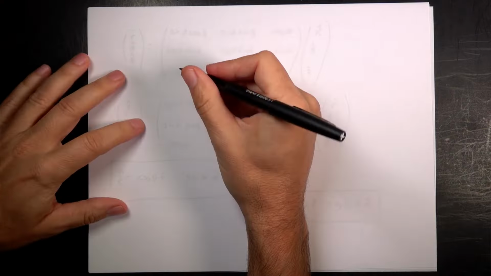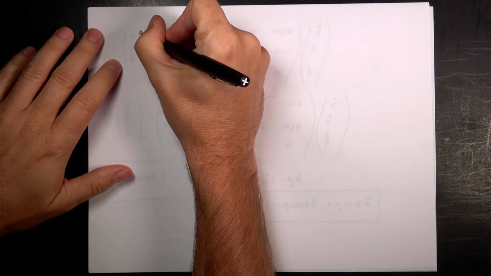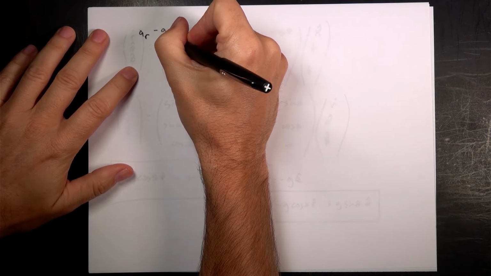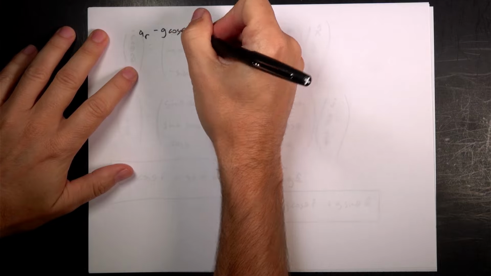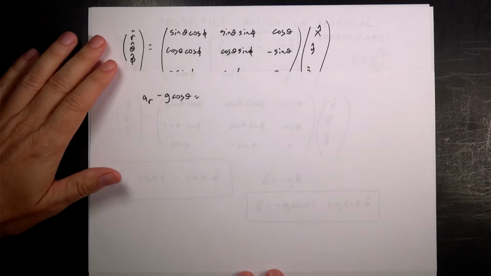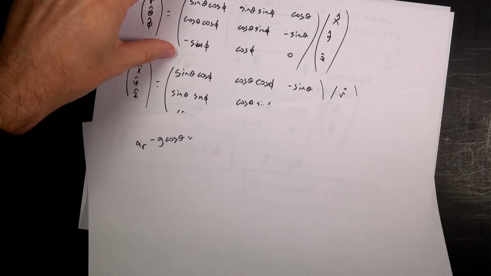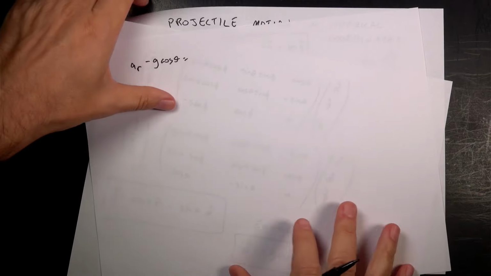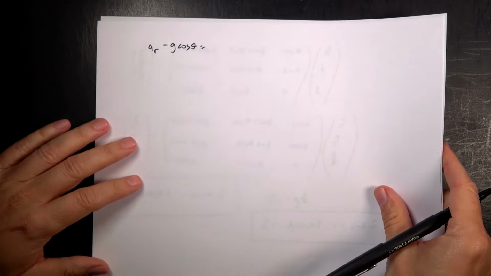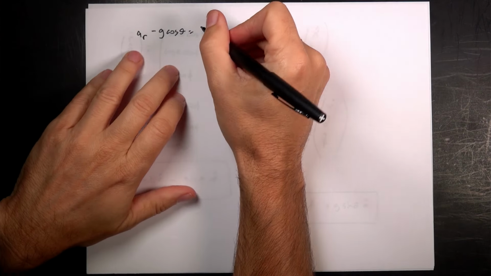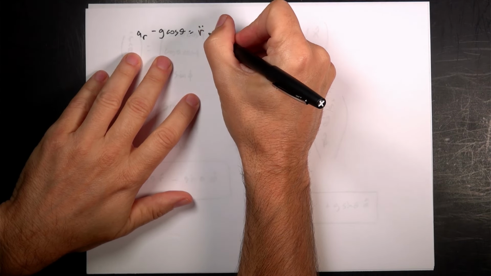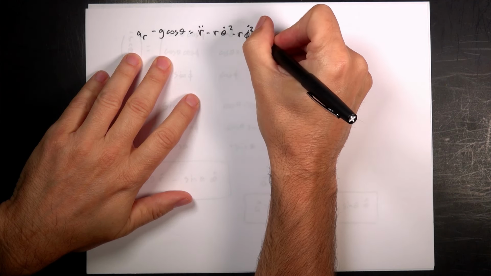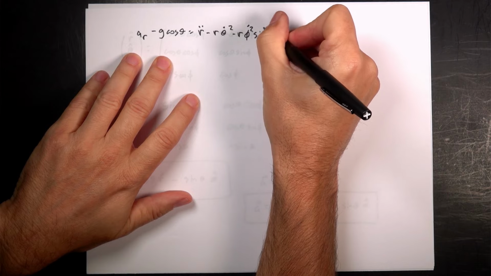Okay, so I have a_r. The r component of the acceleration is negative g cosine theta, and that's going to be equal to this component, which is r double dot minus r theta dot squared minus r phi dot squared sine squared theta.